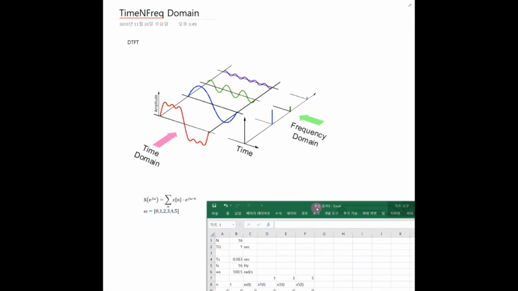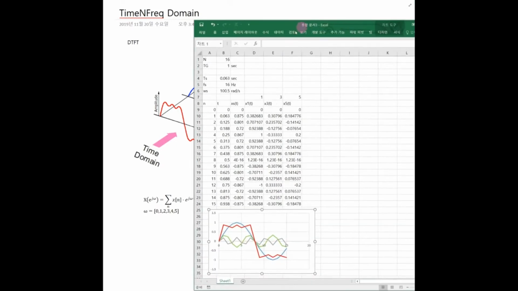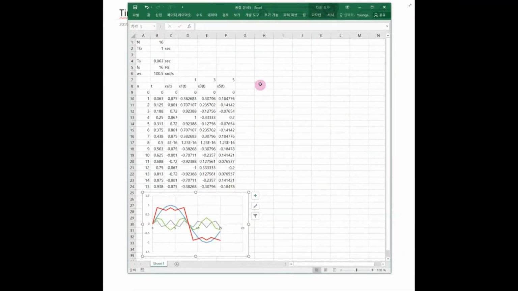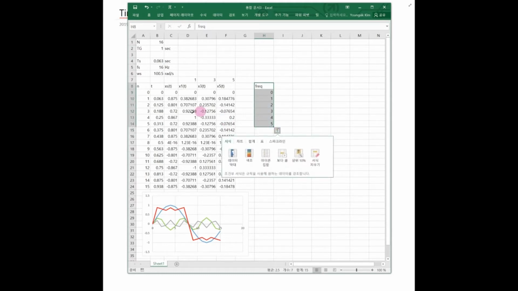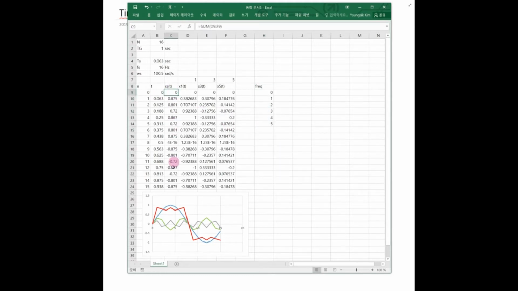So to figure out those frequencies, I would like to write down the frequency components over here. Frequency 0 Hertz and 1 Hertz and 2 Hertz, 3, 4, and 5. I would like to find out what frequency components are included here.